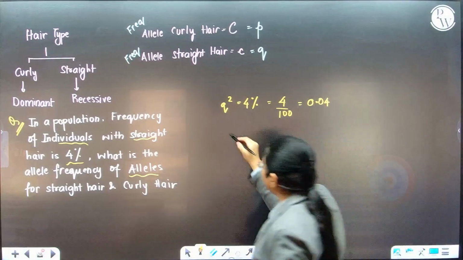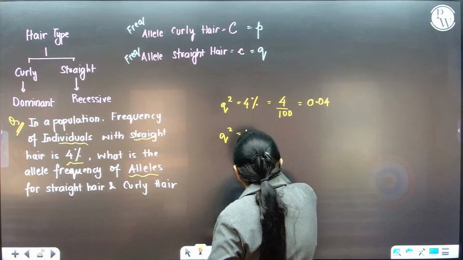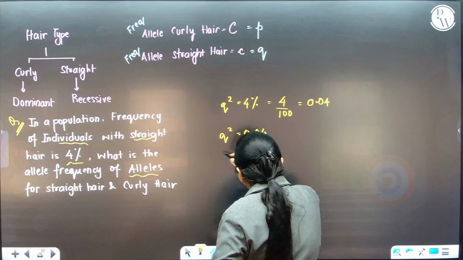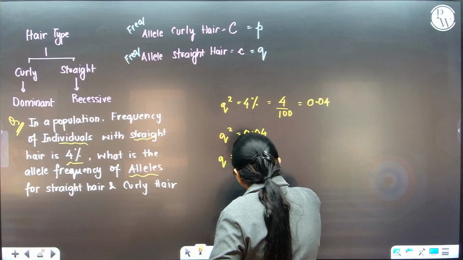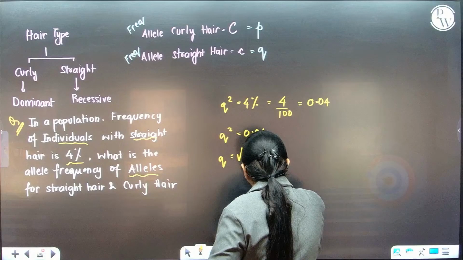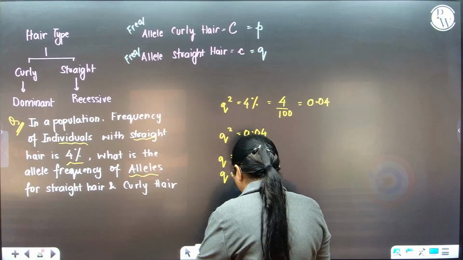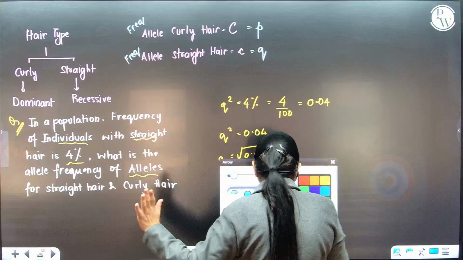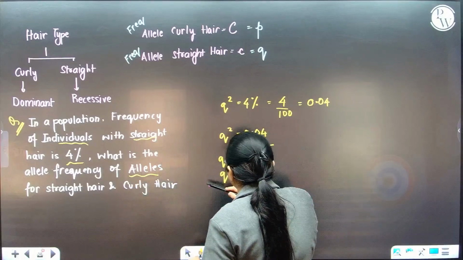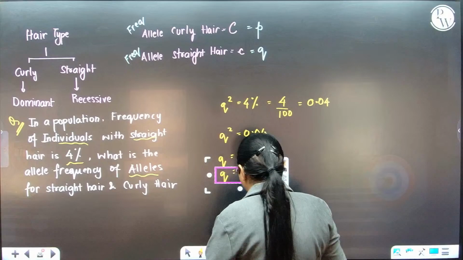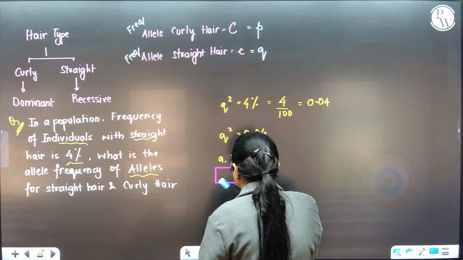If q square is 0.04, q will be the square root of 0.04, which is 0.2. So q will be 0.2, and from here we have the understanding of q, that is one of the allele frequencies.